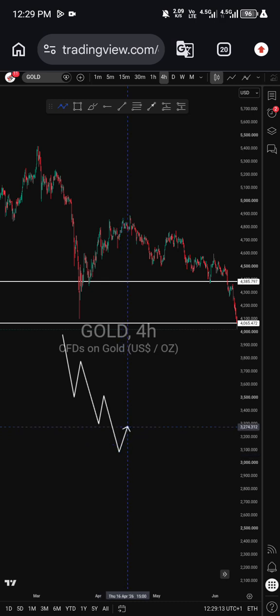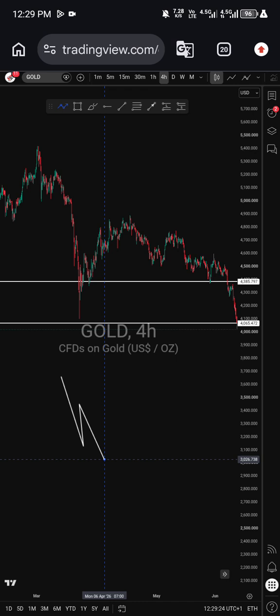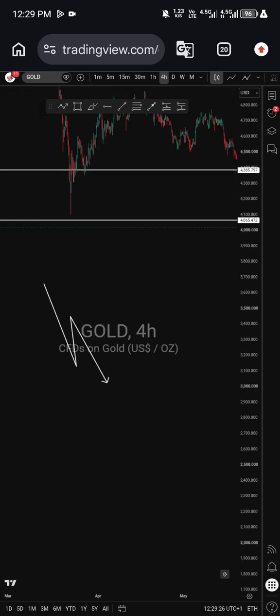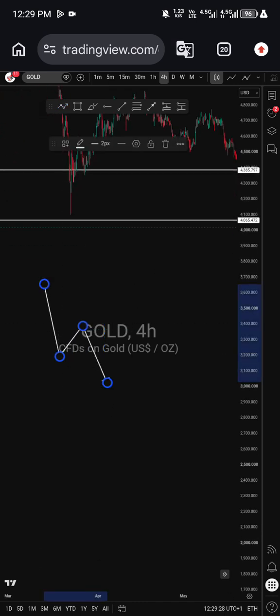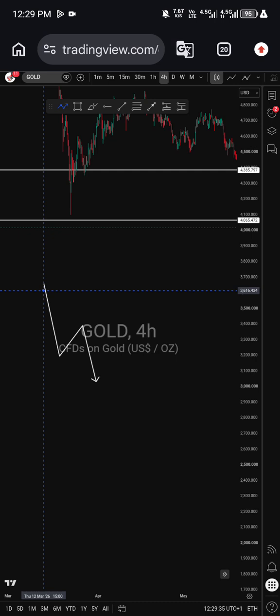If in an indication, it goes one way, then if it's in a correction... Indication depends on the time frame you are in. This is one indication on the daily time frame.